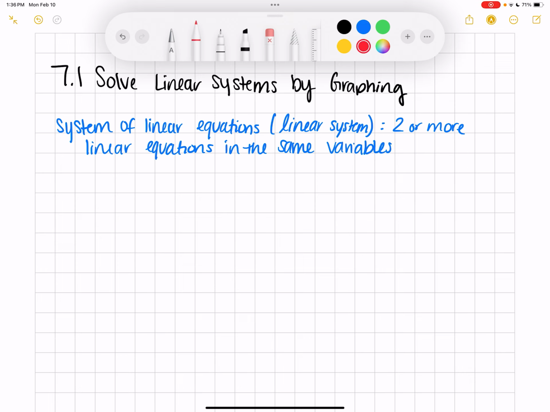So an example of this would be like 3x plus 2y equals 8 and x minus y equals -2. So that would be a system of linear equations, or a linear system.